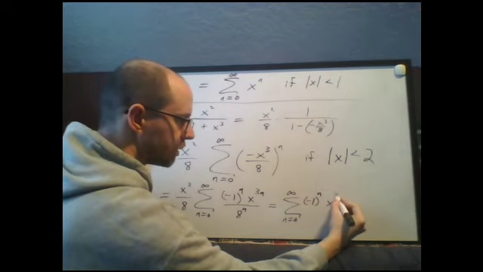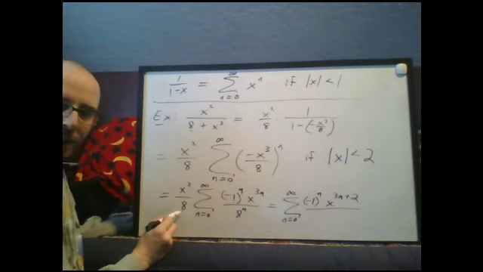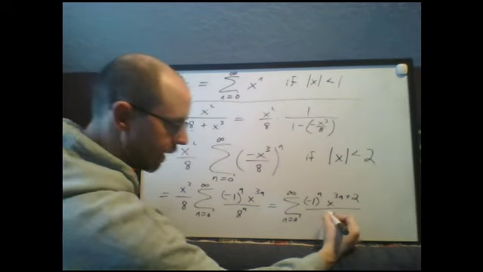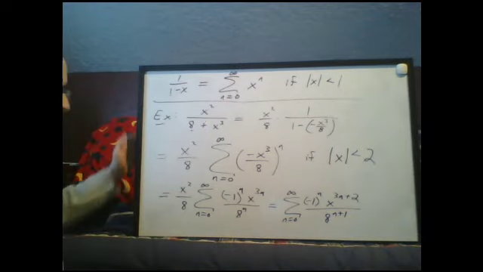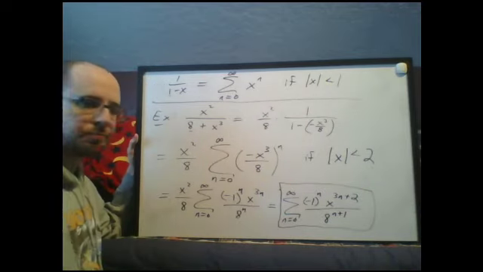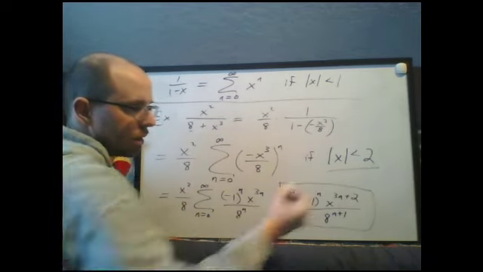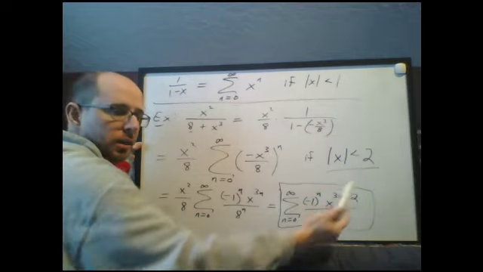And if I want, I can multiply this 8 times 8 to the n to give me 8 to the n plus 1. So there's my power series. Its radius of convergence is right here. Its radius is 2.